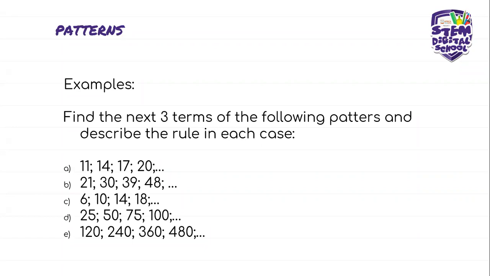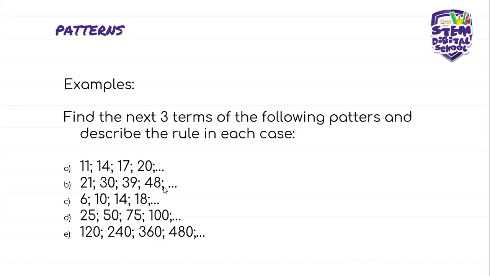Yes, I agree with you, Junior. The constant difference there is 4. And then if you plus 4 there, you get the next term. So 18 plus 4 gives you 22, and 22 plus 4 is 26. 26 plus 4 is 30. Thank you very much indeed, Junior.